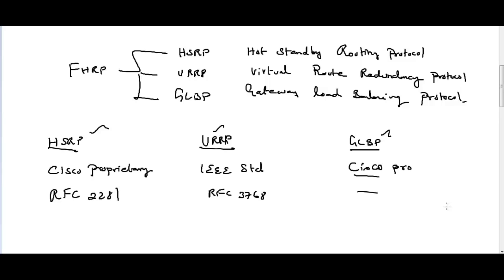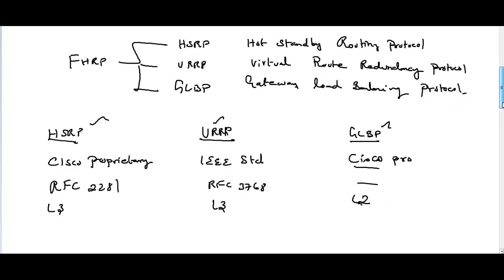Right. Now, in which layer do they operate? HSRP works in layer 3. VRRP works in layer 3. Whereas GLBP works in data link layer 2.